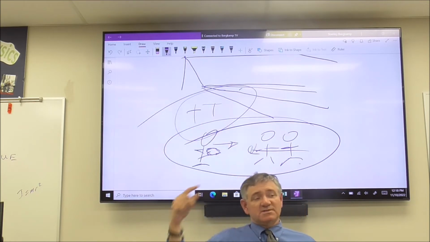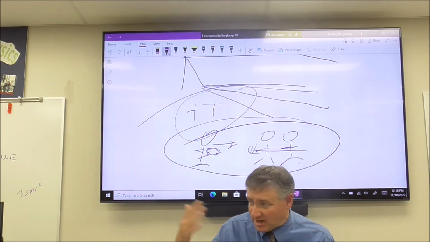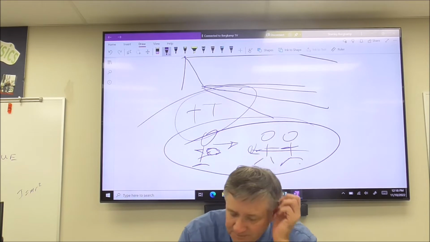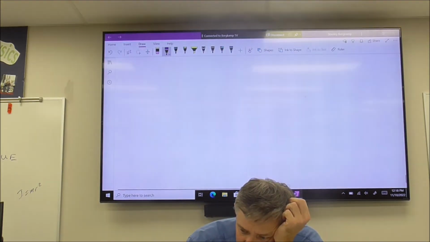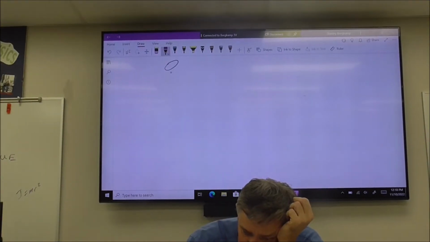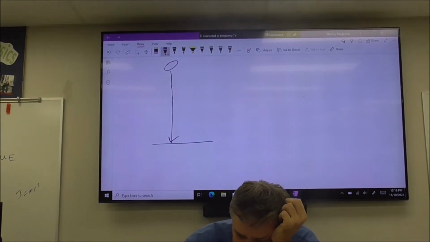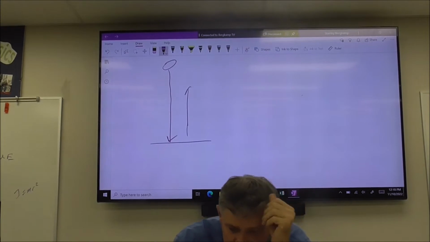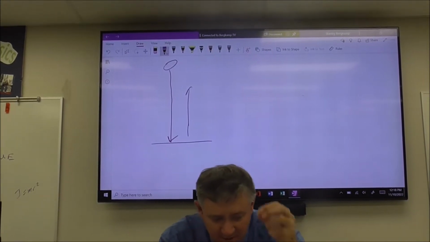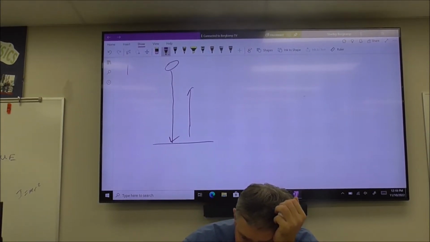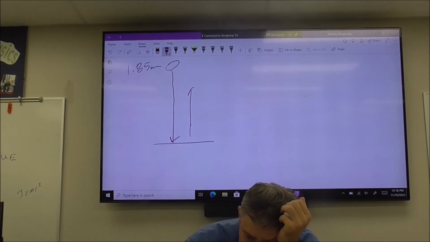So this is where this goes old school, because you've got to tie in a whole bunch of different things. Let's set this up. The ball is going to come down, hit the ground, boom, and bounce back up. On the problem, you're dropping this thing from a height of 1.85 meters.